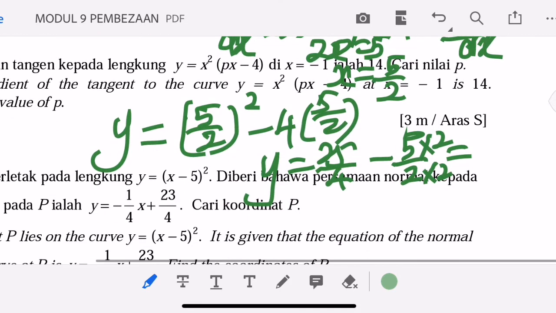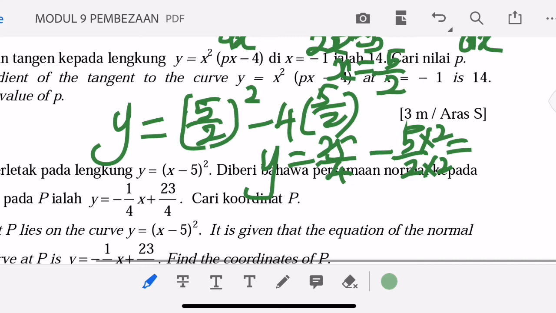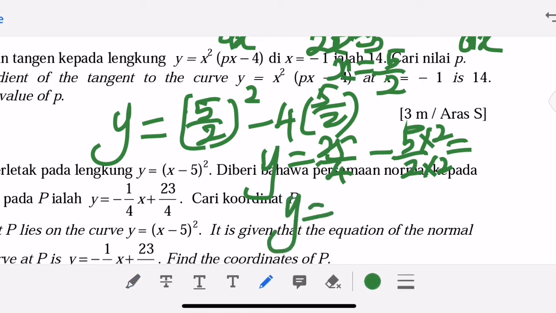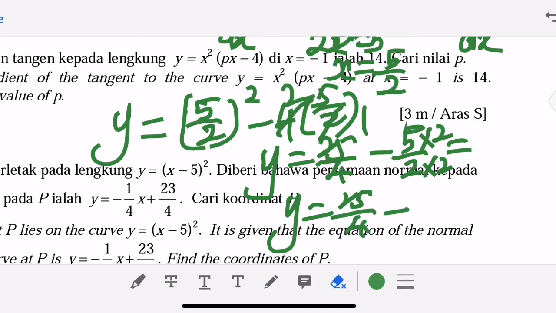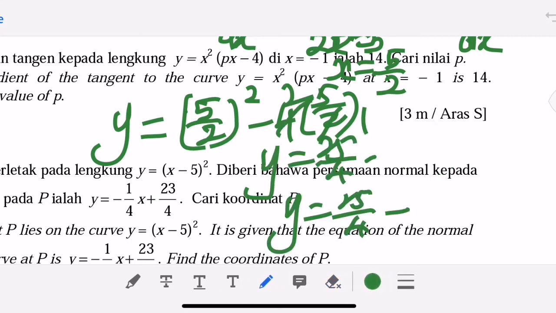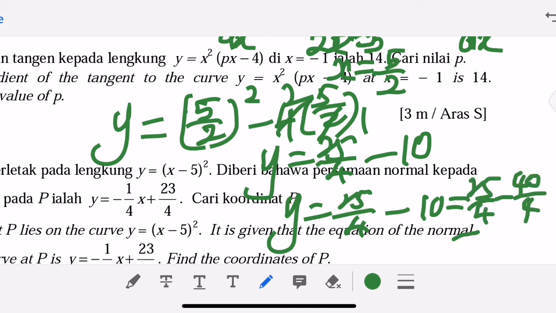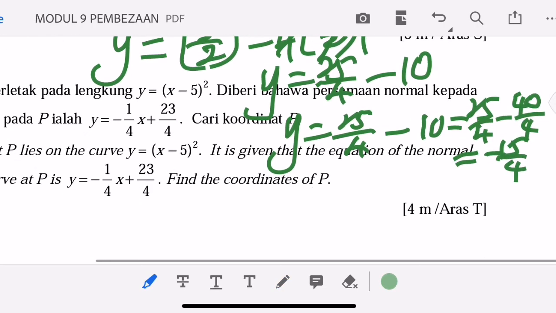Okay, let's solve this one. Y is 25 over 4 minus 10, minus 10. So it is 25 over 4 minus 40 over 4, which is negative 15 over 4, right?